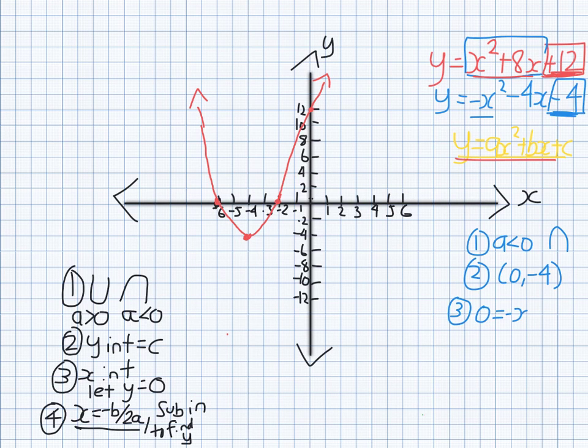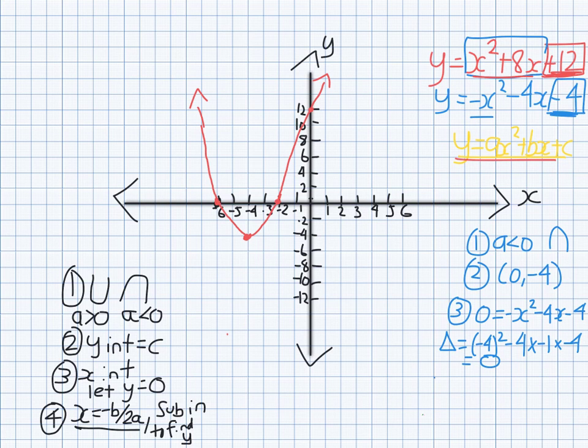To find the x-intercepts, once again, I let y equal 0. Note, this is non-monic because the coefficient of a is not positive 1, it's negative 1. So I can't just find two numbers that multiply to negative 4 and add to negative 4 because it's not monic. In this case, I'm going to use the quadratic formula. I calculate the discriminant, b squared minus 4 times a times c, which gives me 0.